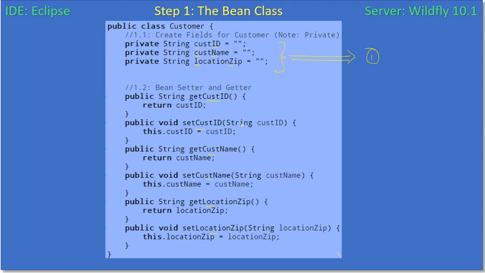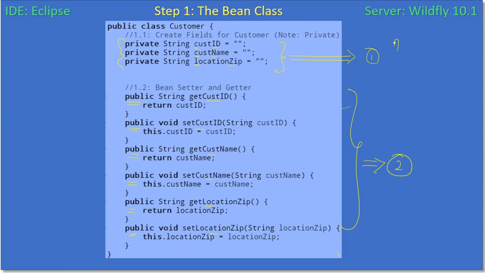Set customer ID: we are receiving the string and setting it, and get will return it. You can notice these are all public properties, right? And the fields here are private. We don't have any special function.